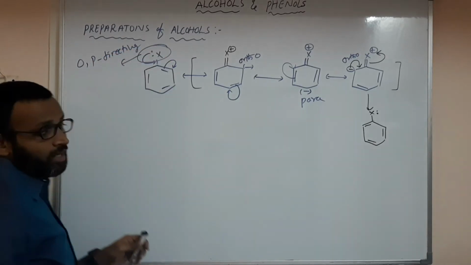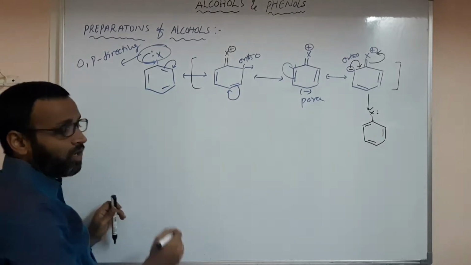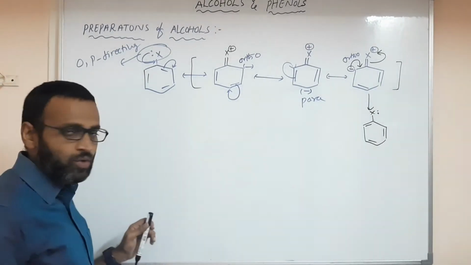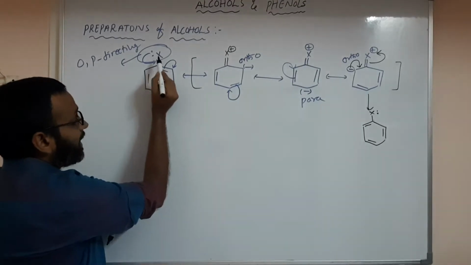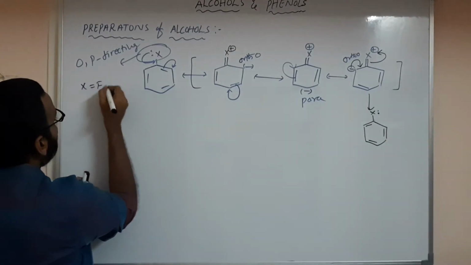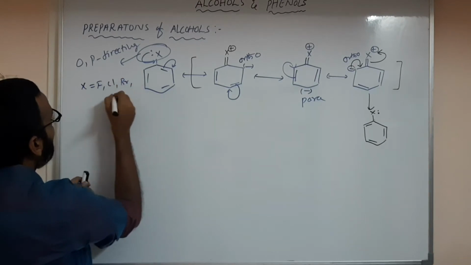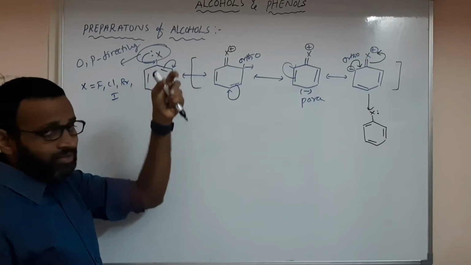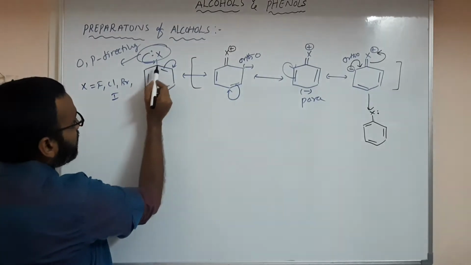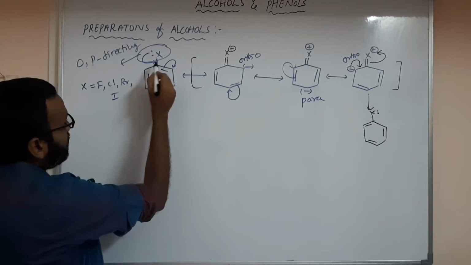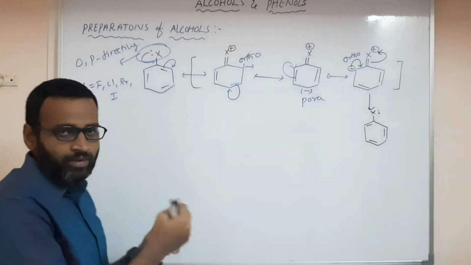Why is it an ortho para directing group? Because it has a lone pair. Of course, the inductive effect is also there. X is more electronegative. What is X here? X means fluorine, chlorine, bromine, iodine. So this X is actually a withdrawing group. X is more electronegative than carbon, so between X and this carbon there is an inductive effect.